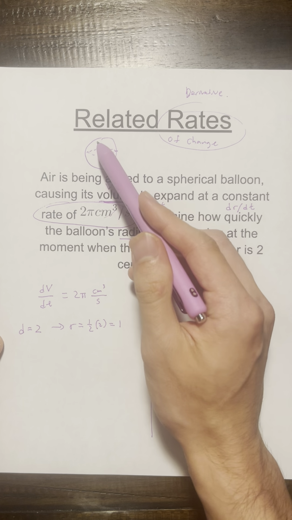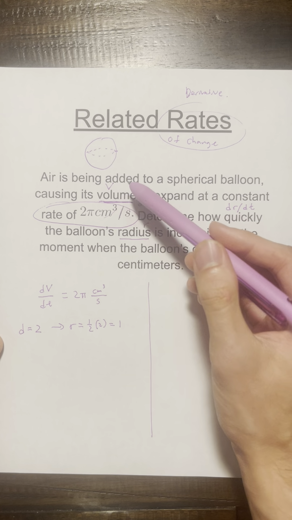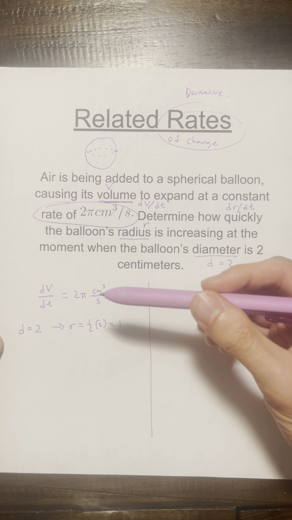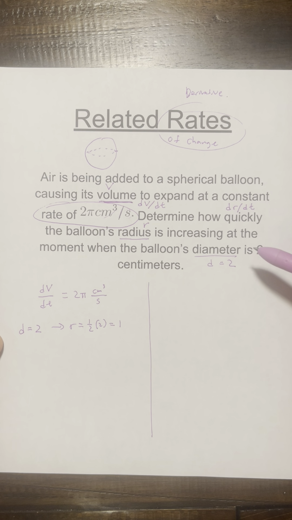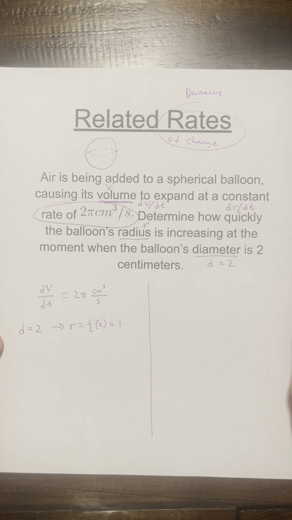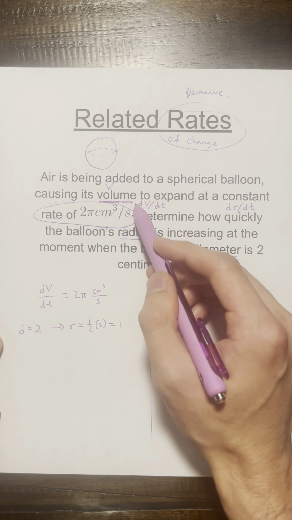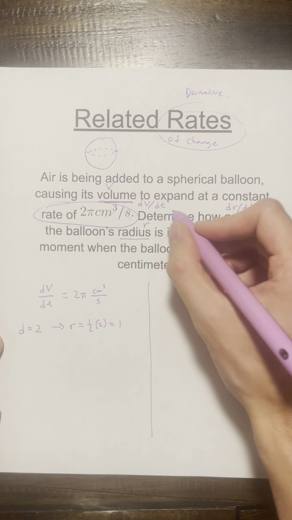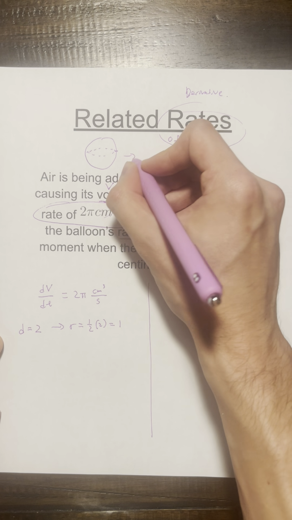Okay, so this is a sphere. Yeah, like a ball. Circular ball. And that's what spheres are. And okay. So it says the volume. So how much space this sphere takes up is expanding. So it's getting bigger.